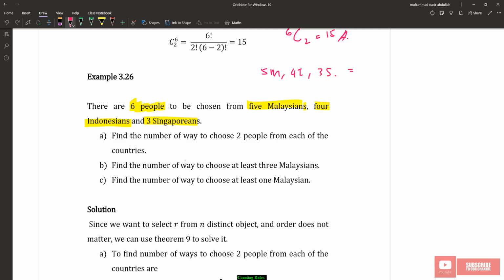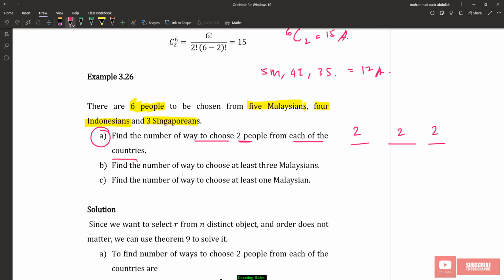The total is 12. 9 plus 3 is equal to 12. Now, question number 1. Find the number of ways to choose 2 people from each country. We have Malaysian, Indonesian, Singaporean. So we want to choose 2 people from each country.